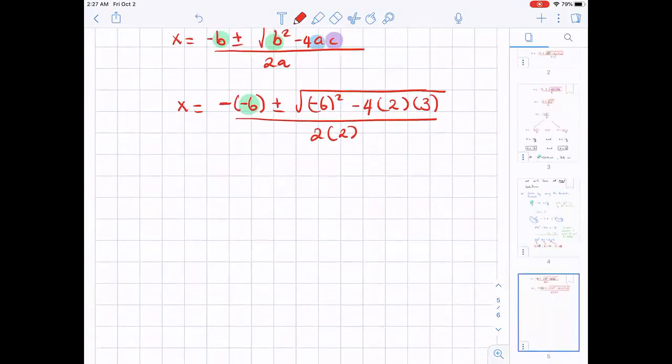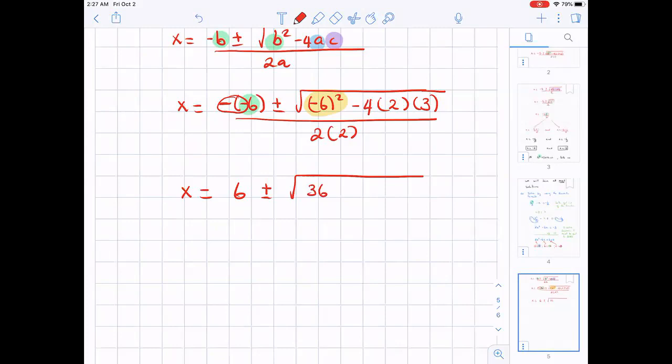So we continue to simplify. Please note that the 2 negatives will become a positive. So we have 6 plus or minus the square root of, when we square negative 6, that turns out to be positive 36.